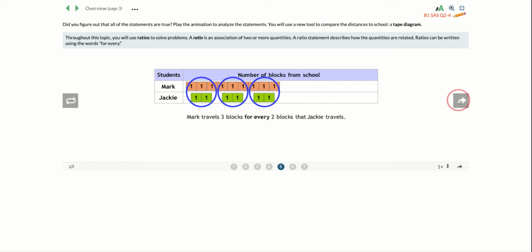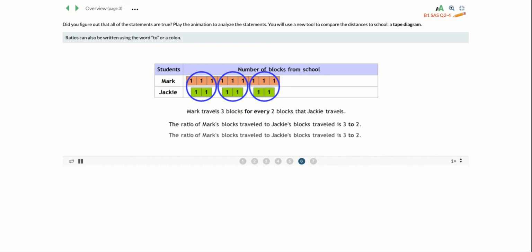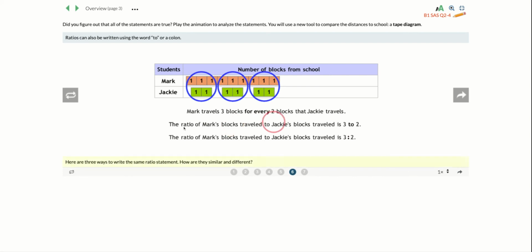Another way that we could write this relationship is using the ratio notation. The ratio of Mark's blocks traveled to Jackie's blocks traveled is 3 to 2. We could also write that with a colon. So this is 3 different ways that we could write the relationship shown in the tape diagram.